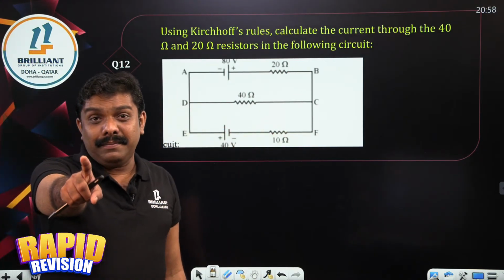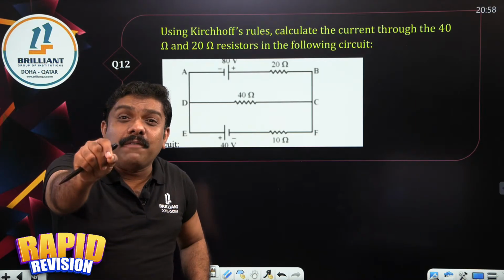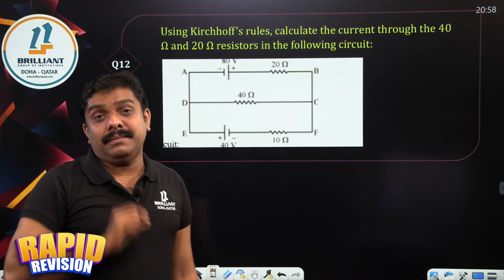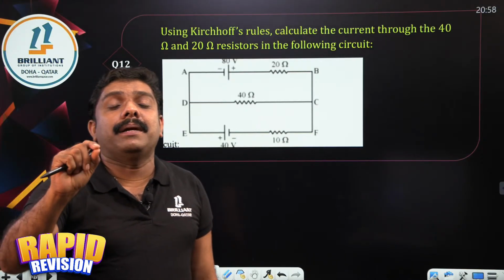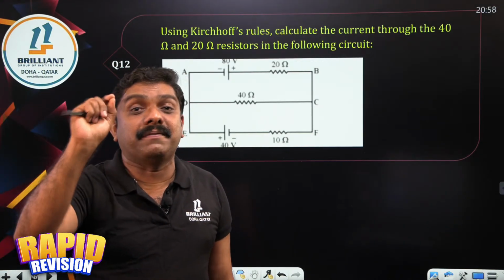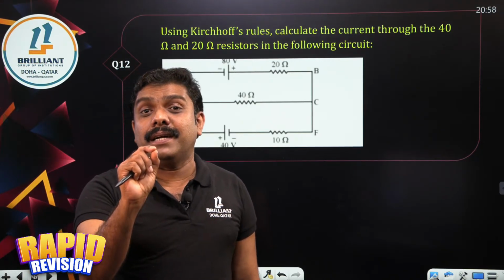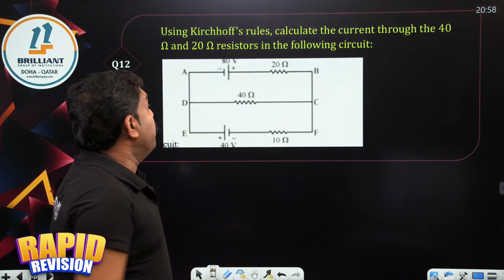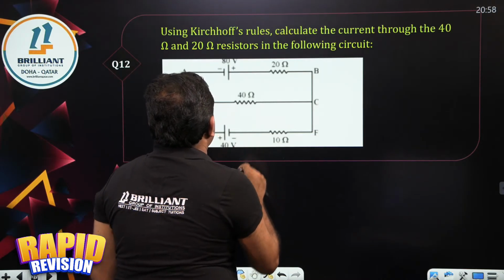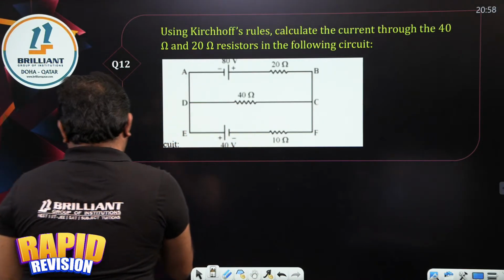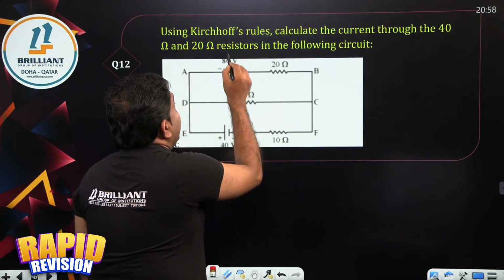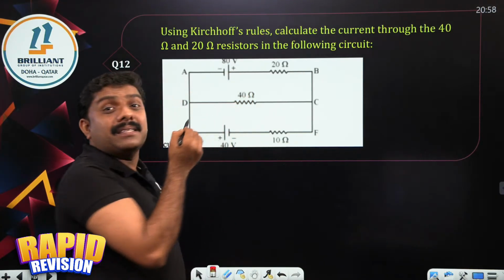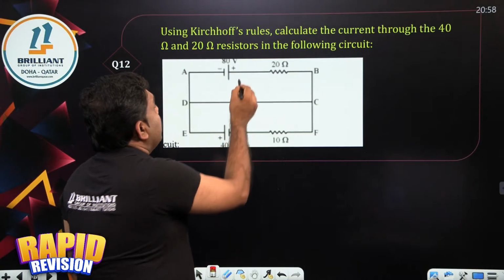If the direction of current is not given, we start from the positive terminal of the cell having highest EMF. In this example, it's very clear, this 80 volt is the cell having highest EMF. So I'm starting from that.